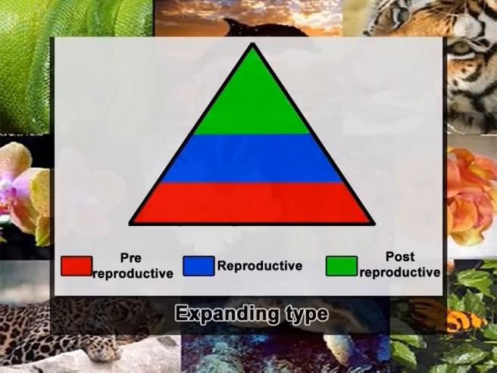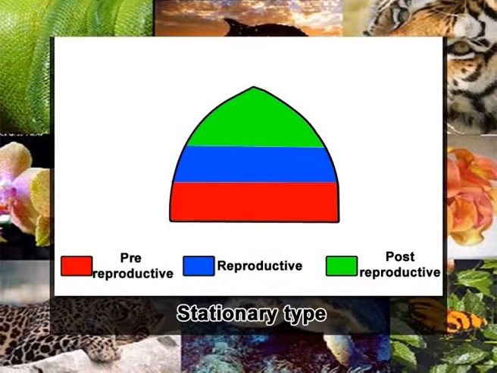A population with a high number of young individuals, that is pre-reproductive individuals, as compared to the older organisms, is expanding or progressive type, while populations with equal proportions of the major three categories are said to be stationary populations.